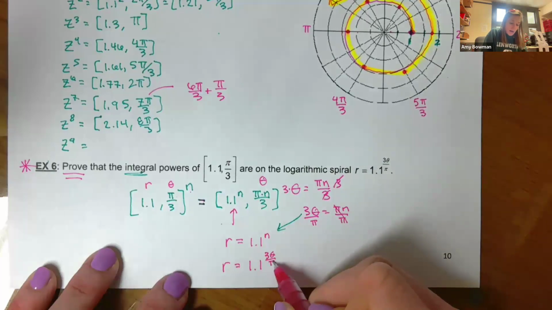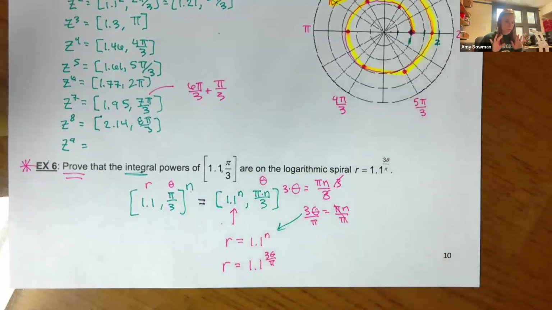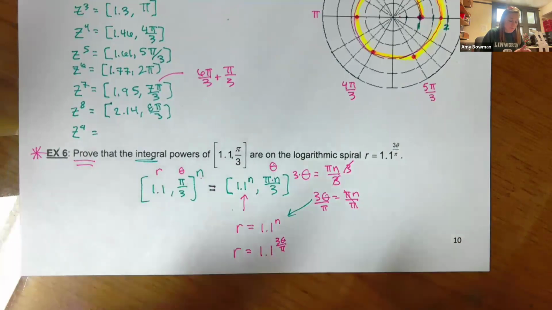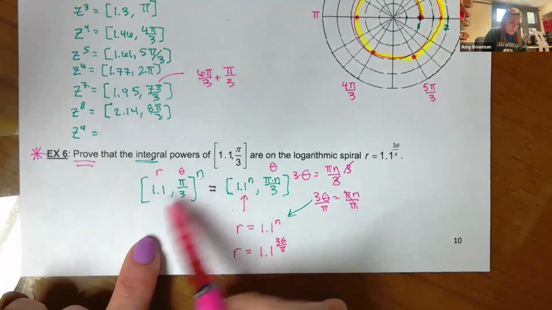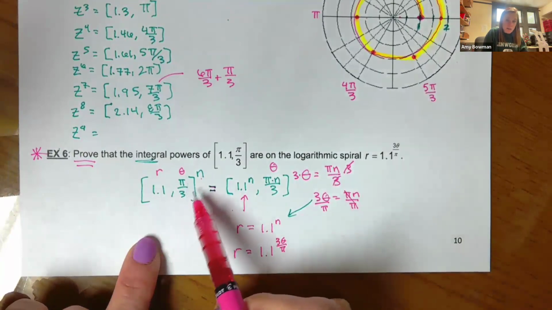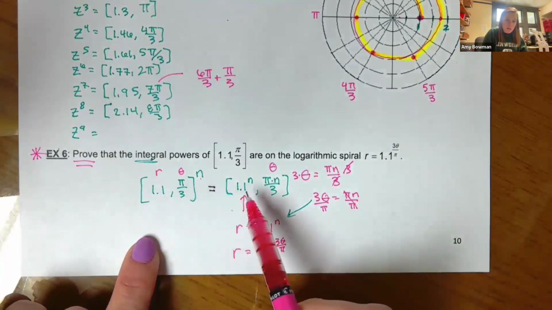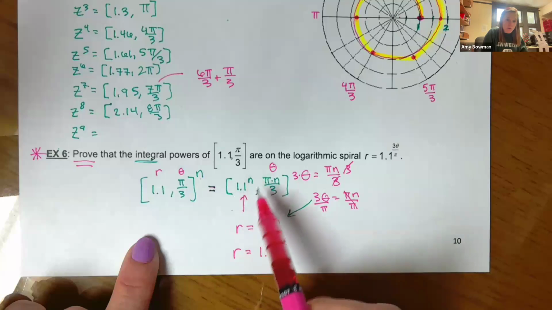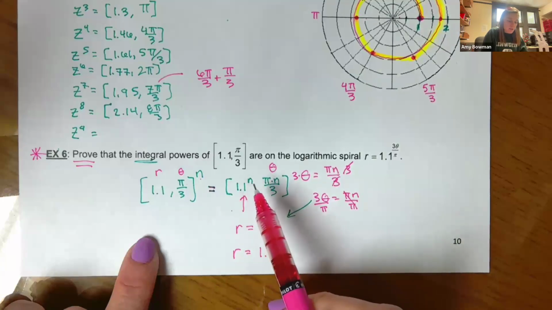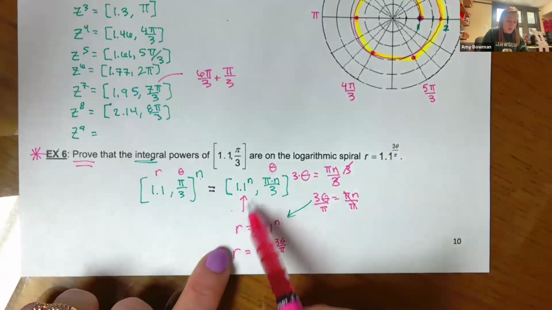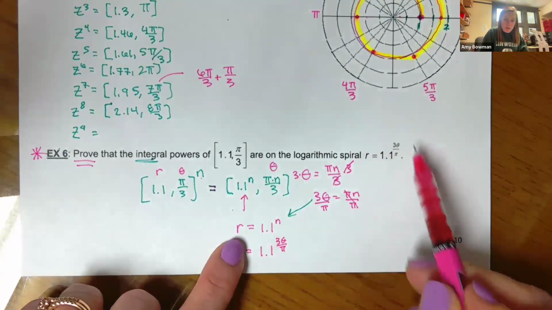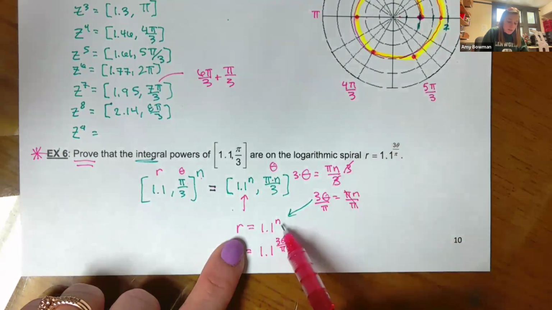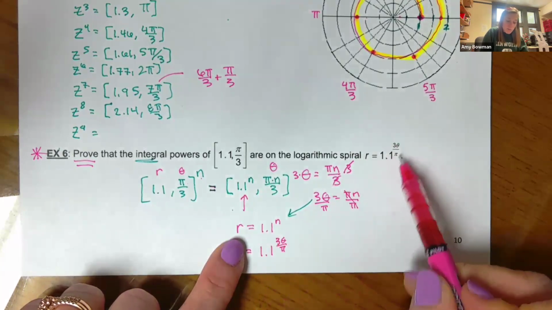So I'm going to just recap that really quick because people tend to get lost here. Here in green, 1.1 comma pi thirds to the n. Applied De Moivre's theorem here. And now our R value is 1.1 to the n. That's kind of our starting point for our equation. R equals 1.1 to the n. This almost looks like the equation we were trying to prove, except it's to the nth power, not 3 theta over pi.